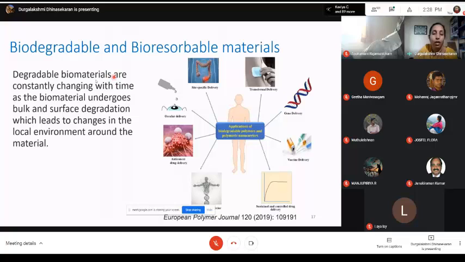The next important subdivision of polymers is biodegradable and bioresorbable materials, which undergo resorption by the body system. They usually say the phrase fit and forget. If it fits into the body system, we can forget the material altogether. The material will do its work and degrade in our body without leaving any trace in our biological system.